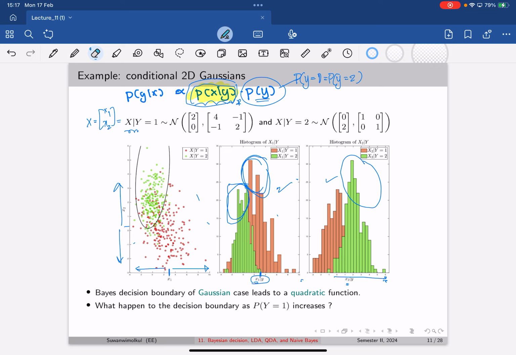X could have 3 dimensions or 4 dimensions, it doesn't matter, because all you're using is the probability of x given y. But if x has high dimension, that means there is some complication as to how you would compute the probability of x given y. Isn't that right? If x is a scalar, then it's a scalar Gaussian random variable.